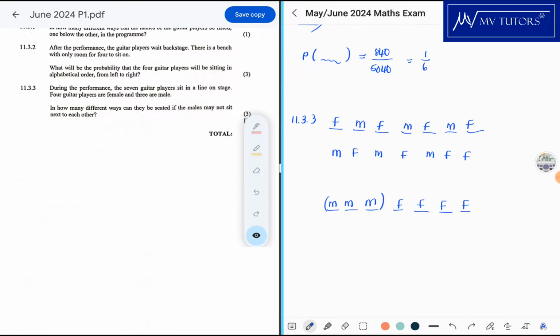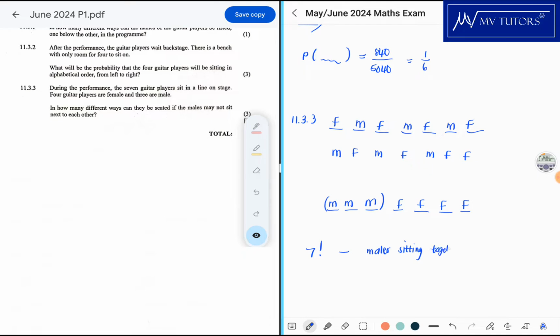I would get the possibilities of that, and after that, I take the complete possibilities that are offered and I subtract the possibilities of males sitting together. So basically getting the complement. If it's not 0.3, it's going to be 0.7 type of vibe. Complementary.